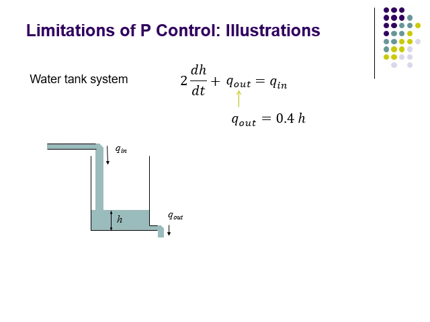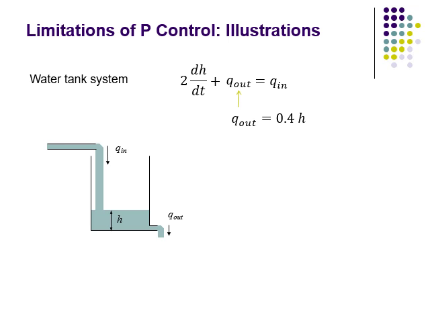So if we take the standard model for the water flow into and out of a water tank, the rate of change of the height of fluid depends on the flow rate into the tank, Q in, and the flow rate out of the tank, Q out.